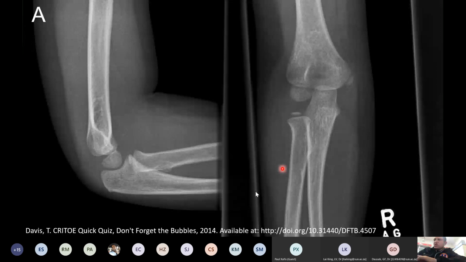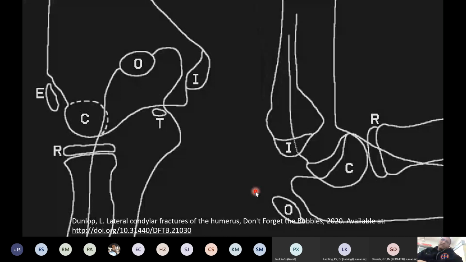All right, so looking at the ossification centers in children, Cloete is the mnemonic that most of us memorize. We'll go back to that X-ray. You can see the capitellum, the radial head, and the internal or medial epicondyle that is developing.